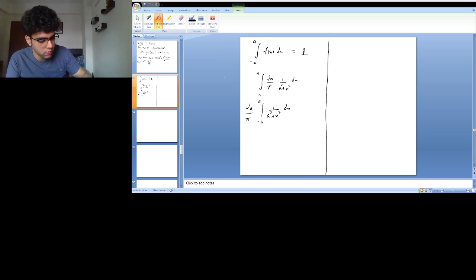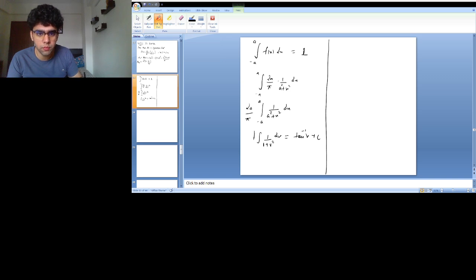Now I need to apply a property here. We know that the integral of 1 upon 1 plus v square dv is equal to tan inverse v plus c, where c is the constant of integration because I didn't put the limits.